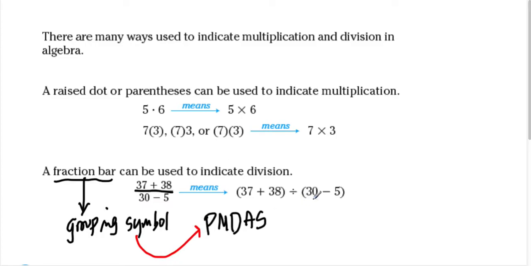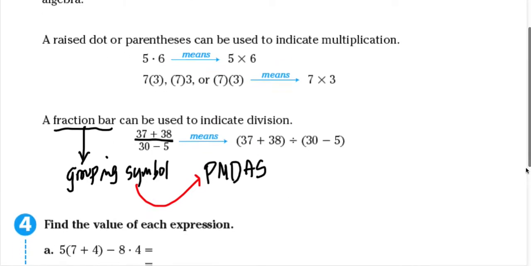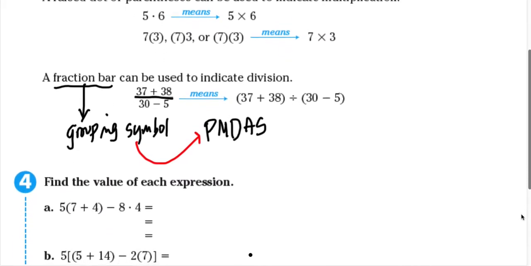So when you talk about a fraction bar, it also means parentheses. In this case, 37 plus 38 divided by 30 minus 5 is the same as parentheses 37 plus 38, divided by parentheses 30 minus 5. So we do all grouping symbols first before any other operation.